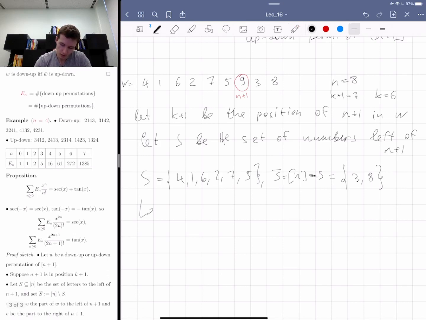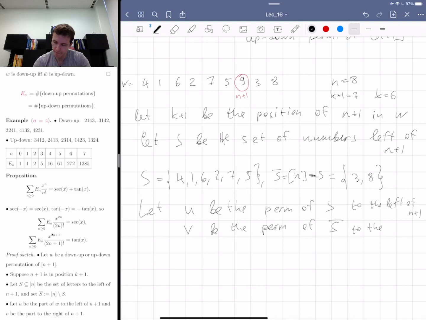So let U be the permutation of S, and V be the permutation of S bar. So U is to the left of n plus 1, and V is to the right of n plus 1.